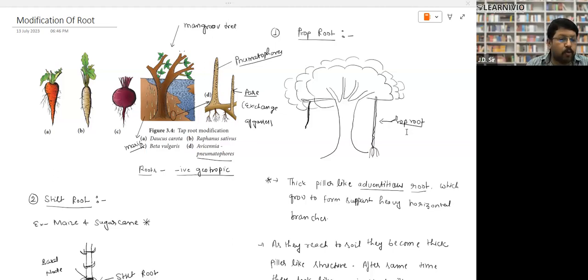When prop root reaches the ground, this is the next question, they develop adventitious roots. Do you have any idea about adventitious roots or not? What are adventitious roots? Tell me. Answer quickly.